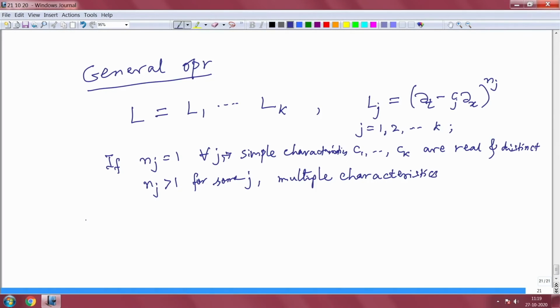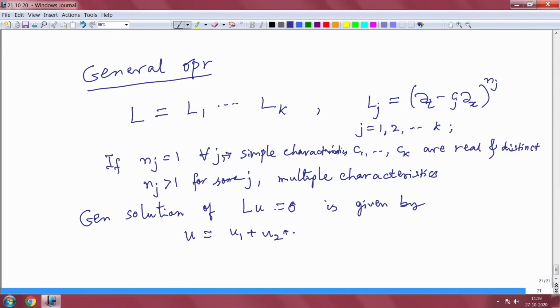Okay. So, the general solution of LU equal to 0 is given by U is equal to U1 plus U2 plus UK, where LJ Uj is 0.